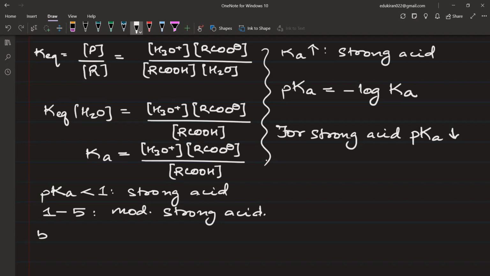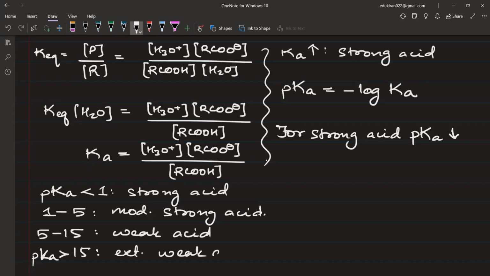If you have 5 to 15, this is a weak acid. And ये pH नहीं है, please याद रखिएगा, pKa है. If pKa is greater than 15, it is extremely weak acid.